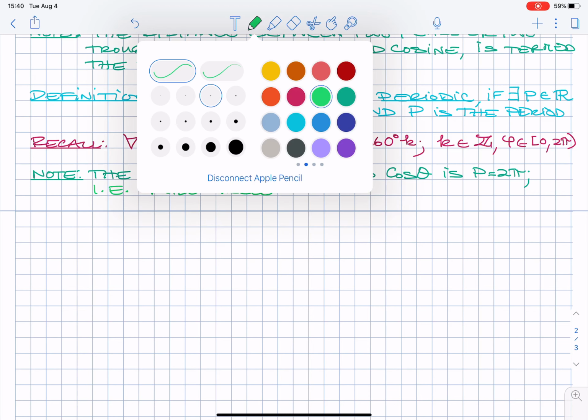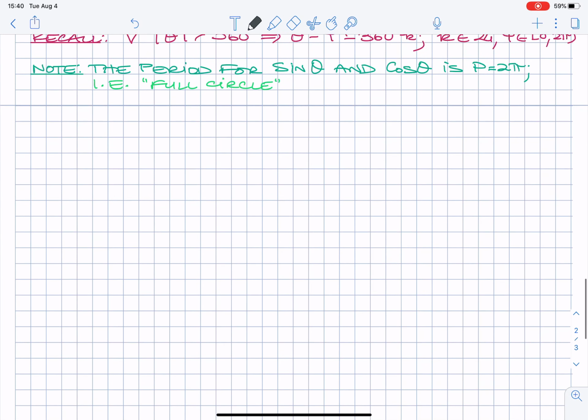So let's do some recap of what we've done in previous chapters. For example, let's evaluate the following. This is a recap. See if you remember these. Number one, let's say we have sine of, how about 11 pi over 4?